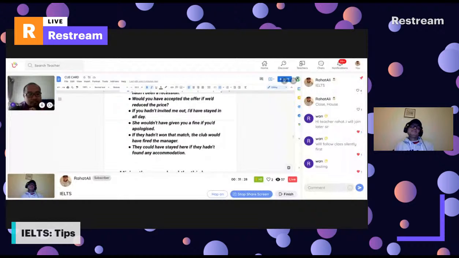For the general test, similarly in the reading part there will be five small reading paragraphs. Again, 40 questions, 1 hour. And writing is similarly task one and task two, an hour. And speaking is the same. Most people say the speaking part is difficult, but some people say writing is difficult.